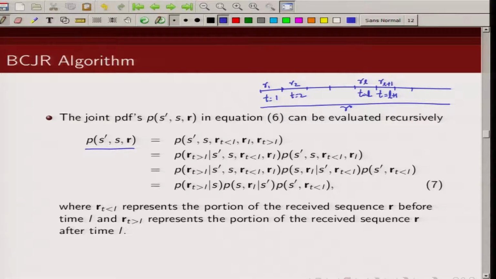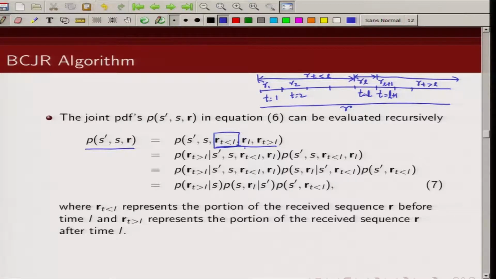Okay. Now, what I am doing is I am partitioning that received sequence into 3 segments. One is this portion of my received sequence, which corresponds to time before L. This is R t less than L. Next is this section, which corresponds to R t greater than L, and then the third section is this, which corresponds to R L. Okay.